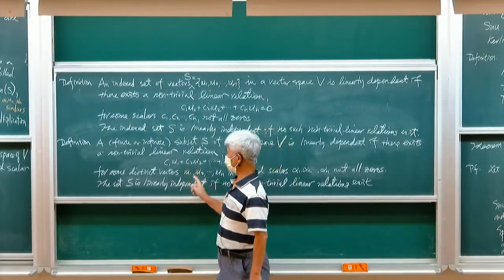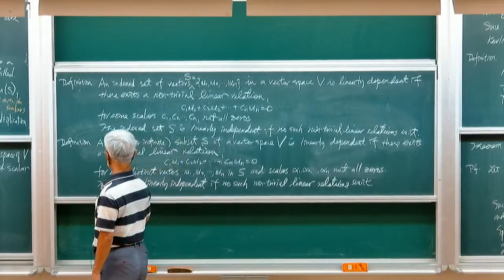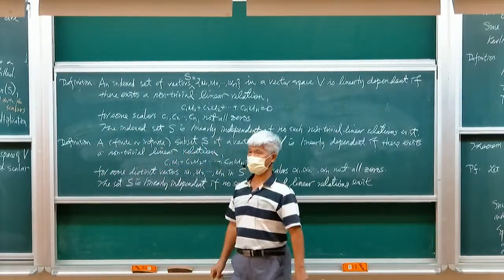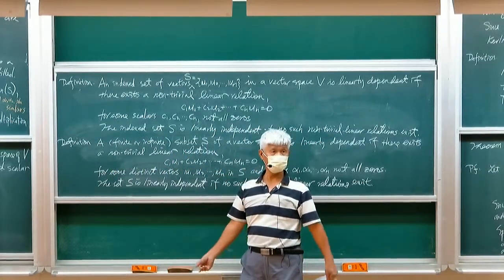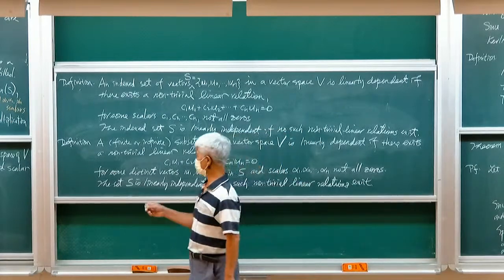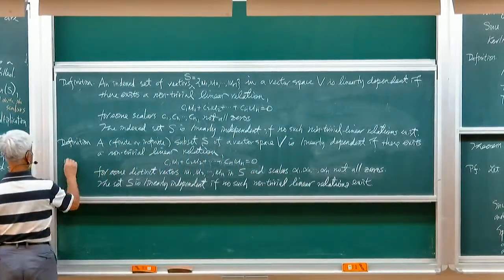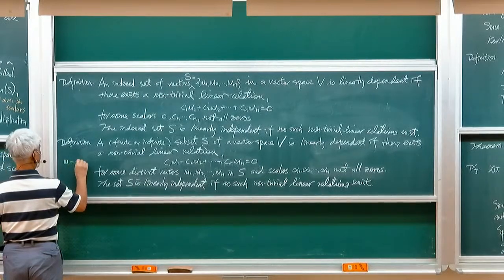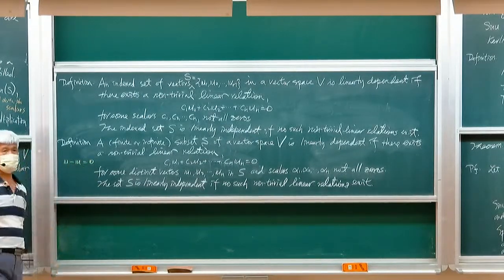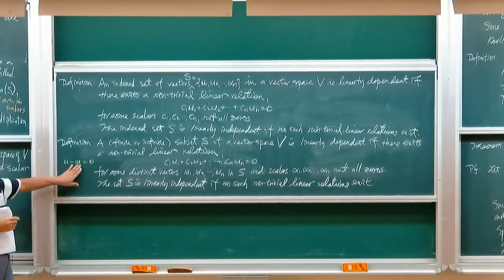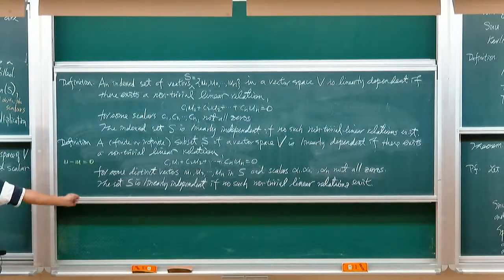Because if U1 and U2 are the same, then it's very easy to establish a non-trivial linear relation, right? You can just pick U minus U. It's always 0. So U1 is U, U2 is U, and then you establish such a relation, which is non-trivial.